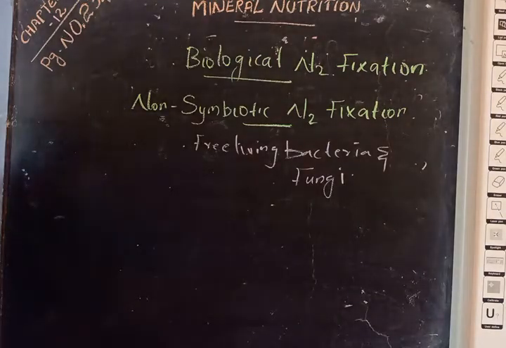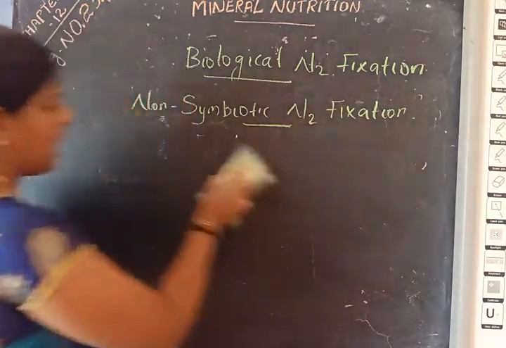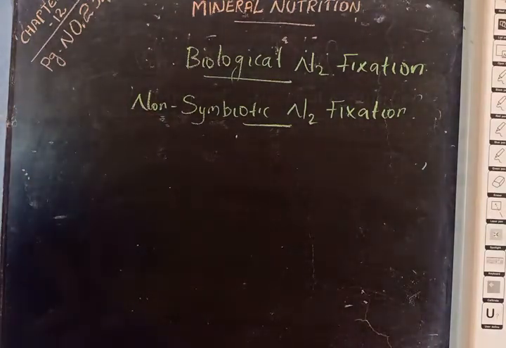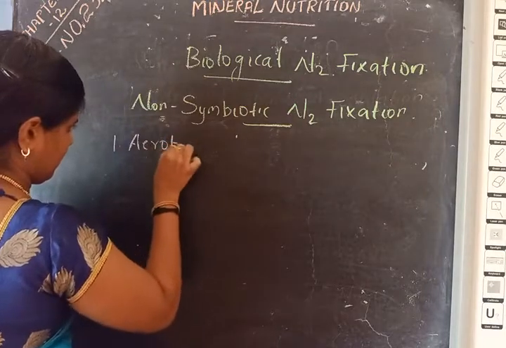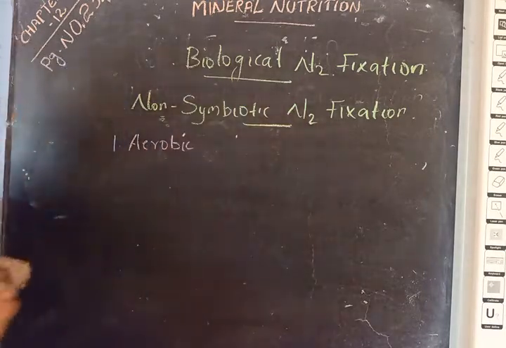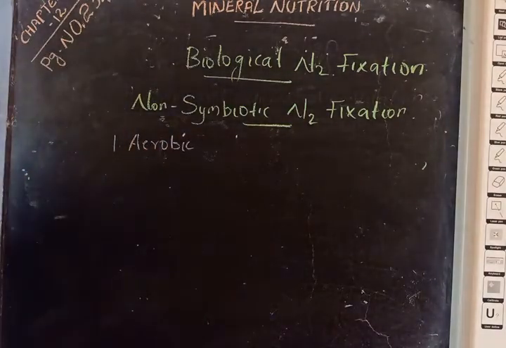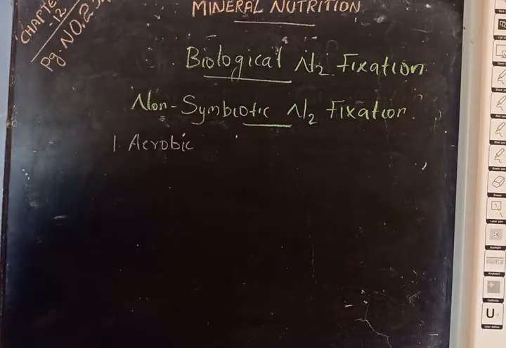Some bacteria are, first one, aerobic bacteria like Azotobacter, Beijerinckia and Derxia.